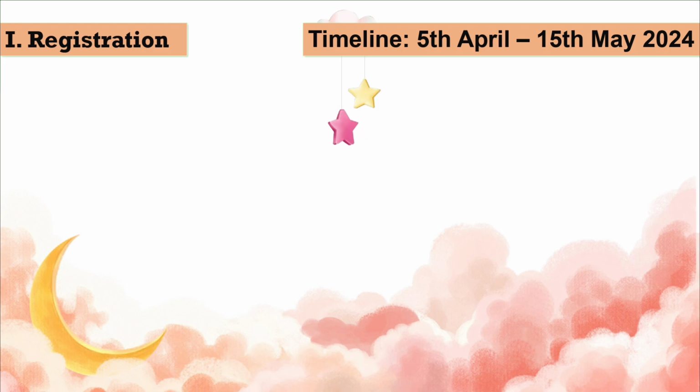Now, you may be thinking where to use this login ID and password. So don't worry, you are not going to use it now. You will use it on 1st July because the website will be activated on 1st July. We will be sharing the link for that in upcoming videos.